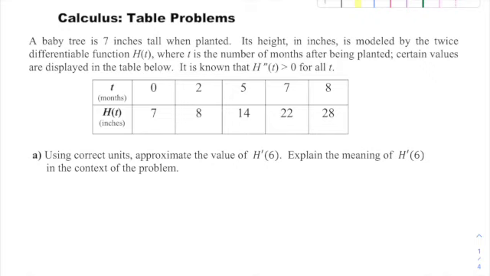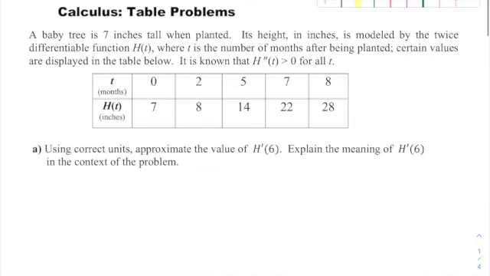Here t is the number of months after being planted, and certain values are displayed in the table below. It is known that h double prime of t is greater than 0 for all t. They threw that in there, and it may be important later on, because they often do things like this, and we'll see that when we need it.